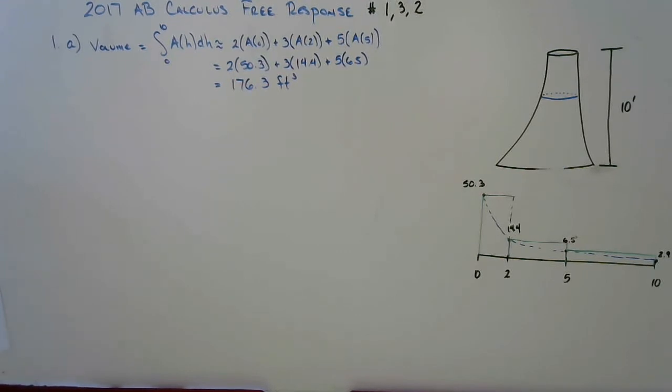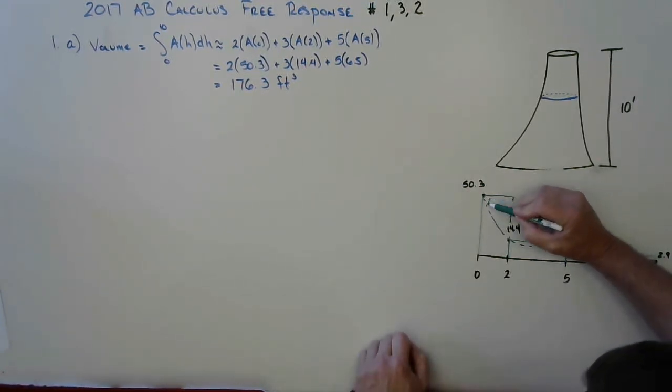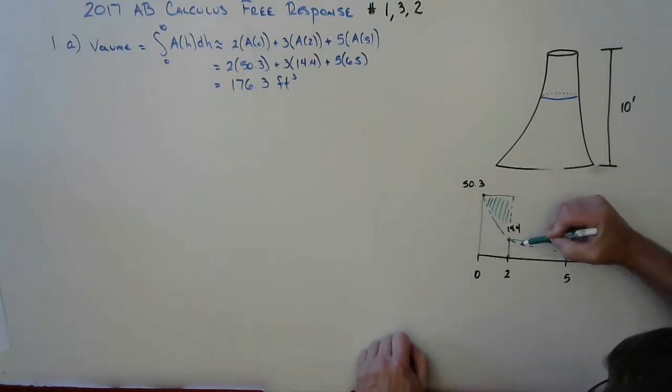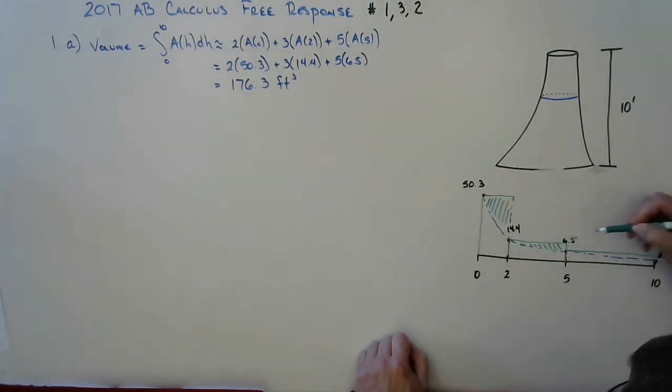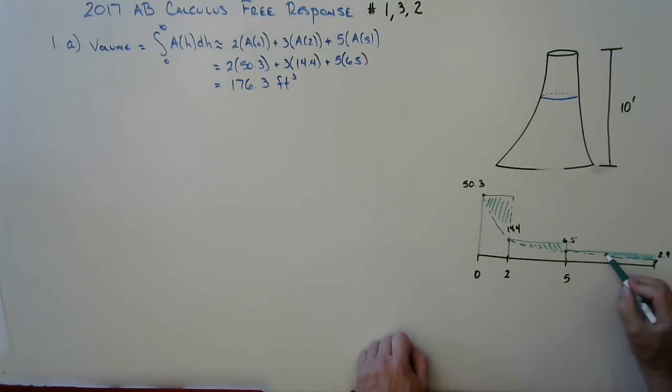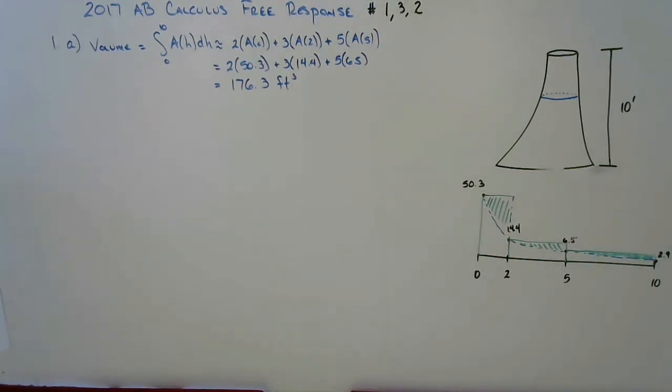Part B says, does the approximation overestimate or underestimate? Well, we can look at our approximation. Remember, the function itself is decreasing on the interval. So if we look at our rectangles, they are too big, so we overestimated.